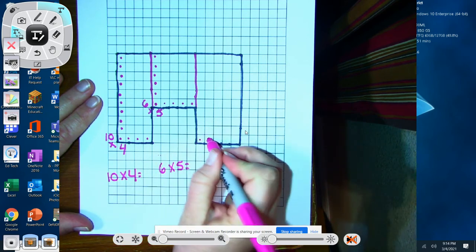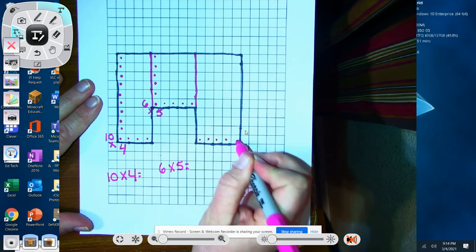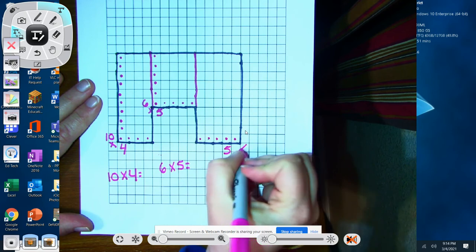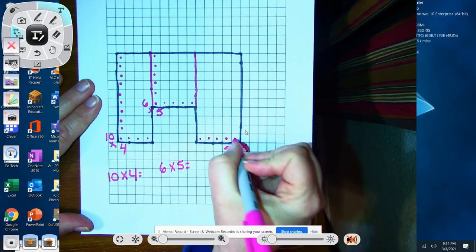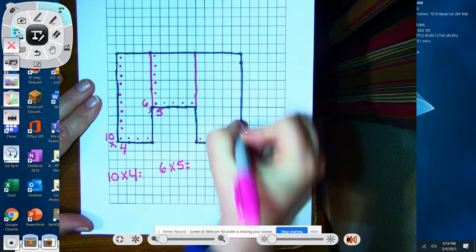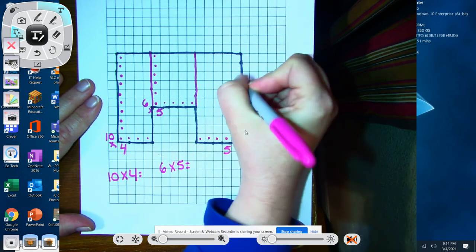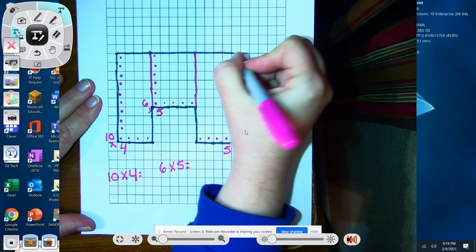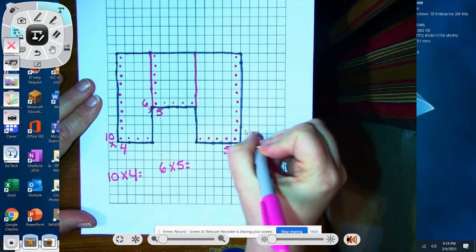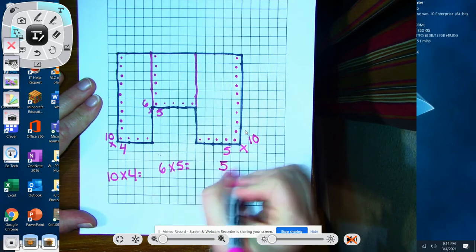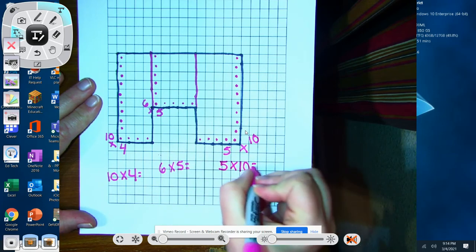1, 2, 3, 4, 5. Oh, I hope you got 5. Then we're going to go 1, 2, 3, 4, 5, 6, 7, 8, 9, 10. Okay, so here we have our last rectangle.